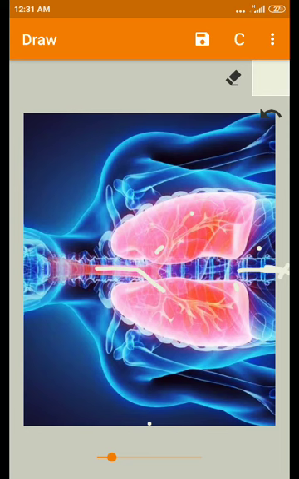So already these lungs are hyperinflated. Then what happens? The diaphragm becomes flattened. Once the diaphragm becomes flattened, again inspiration occurs. Is the work of the diaphragm affected or is it normal?